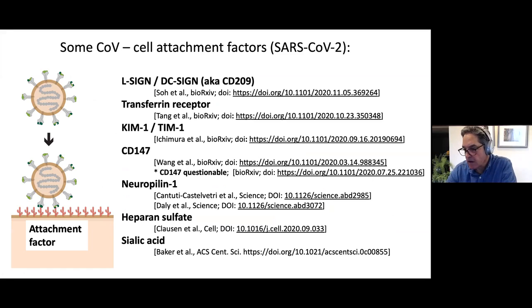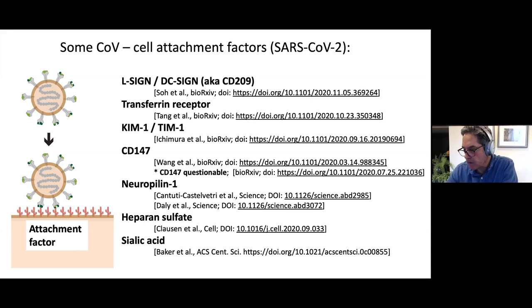I mean, the spikes on coronaviruses are indeed multi-domain structures, so there could be several diverse binding potentials. So possibly this fairly long list of attachment factors is a reasonable list. I'm not sure I even have all the putative attachment factors listed here.